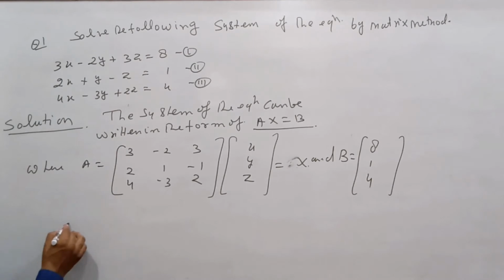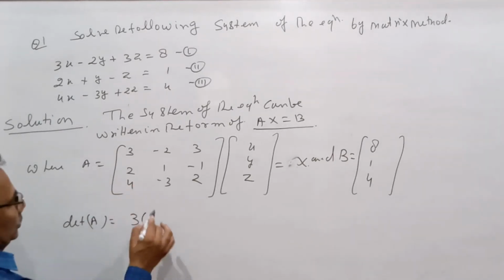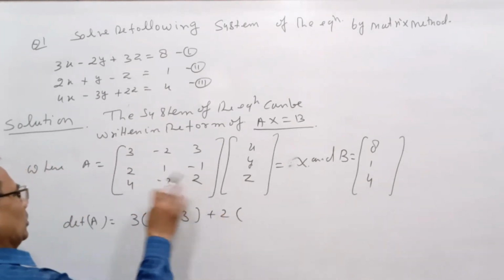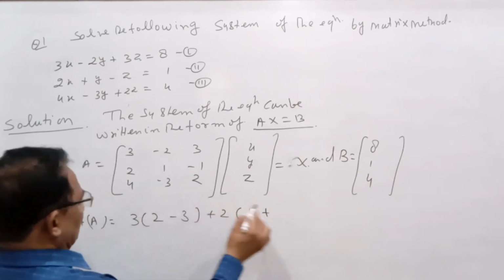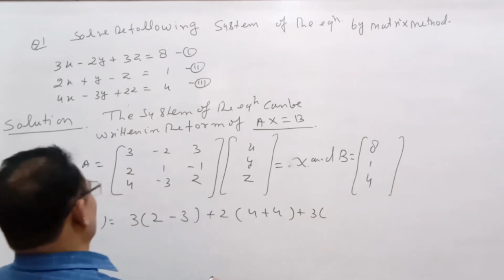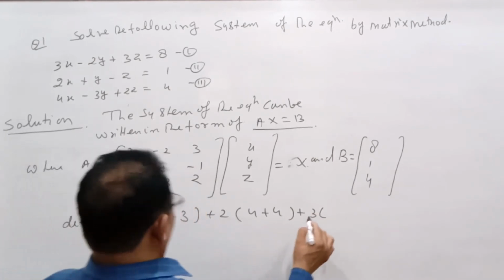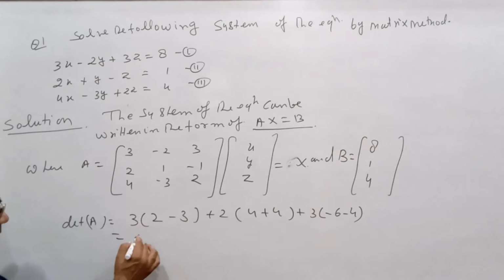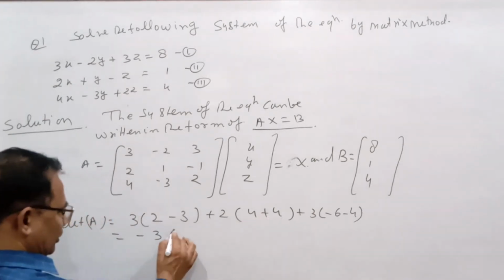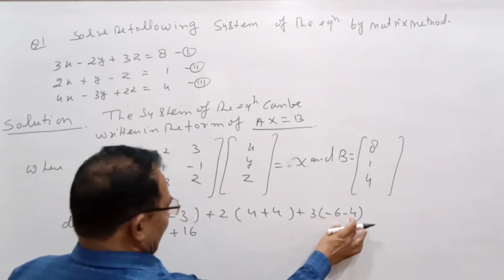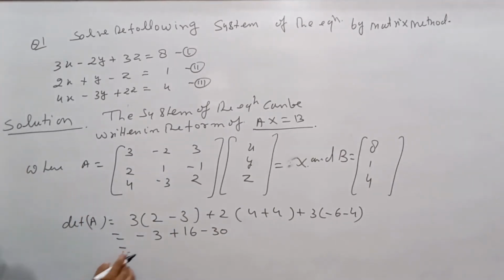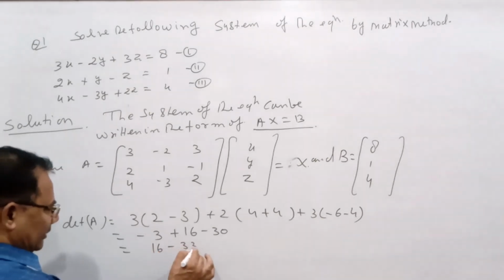First of all, we find the value of det A. Det A is equal to 3 into (2 into 2 minus -3 into -1), plus 2 into (...), plus 3 into (...), that is -6 or -4, and this is equal to -1, that is -3, and so on, that is 16 or -33.